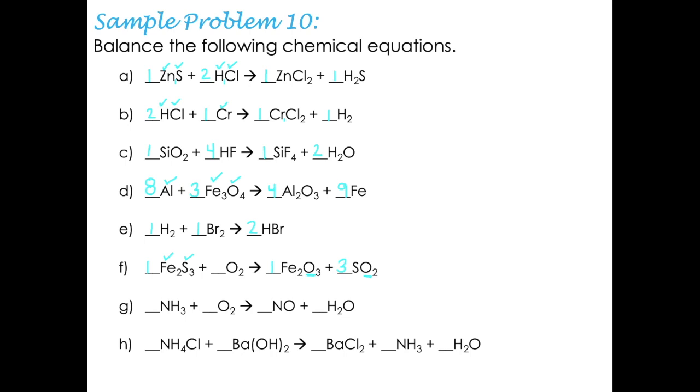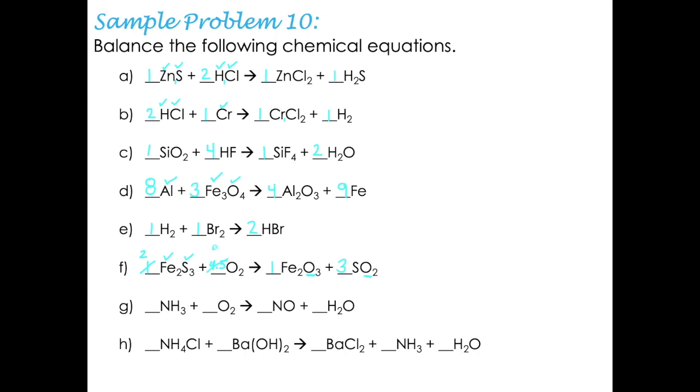Well, this comes in pairs, and 9 divided by 2 is 4.5. So guess what? You can't have a half of a molecule. When this happens, what I highly recommend doing is multiplying everything by 2. Multiply every coefficient by 2 in your formula. So 1 times 2 is 2.